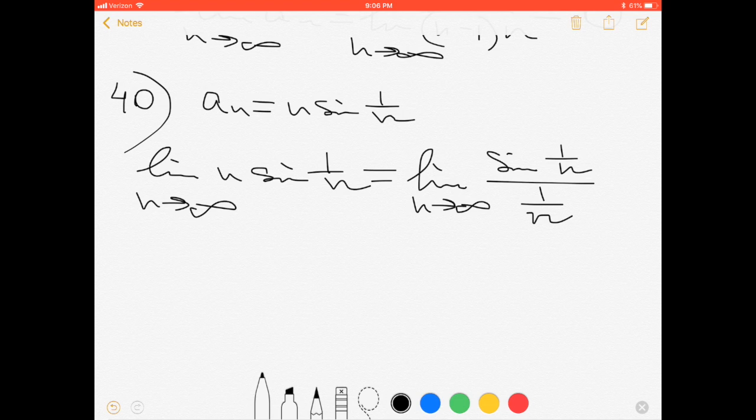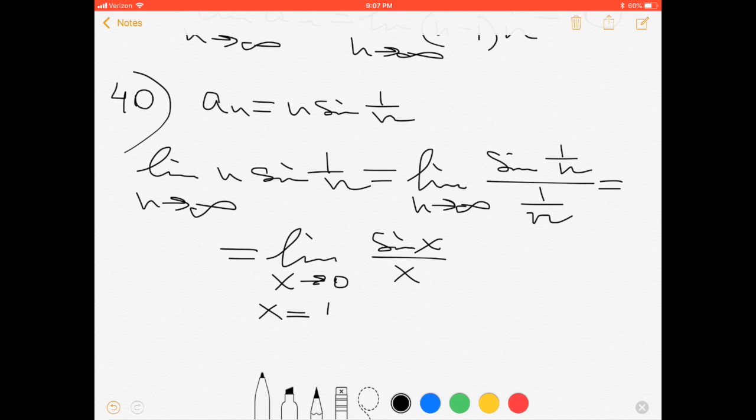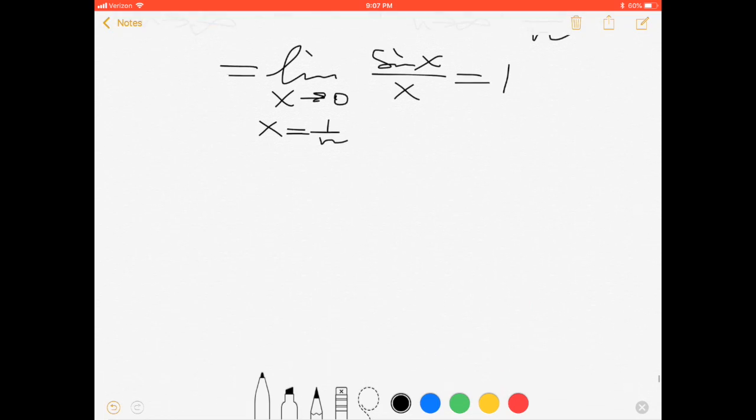If n approaches infinity, 1 over n approaches 0. You can do it this way, or you can do it one more step: limit as x approaches 0 of sine x over x, where x equals 1 over n. What is this limit? This limit is 1. This means the limit of our sequence is 1. Okay?